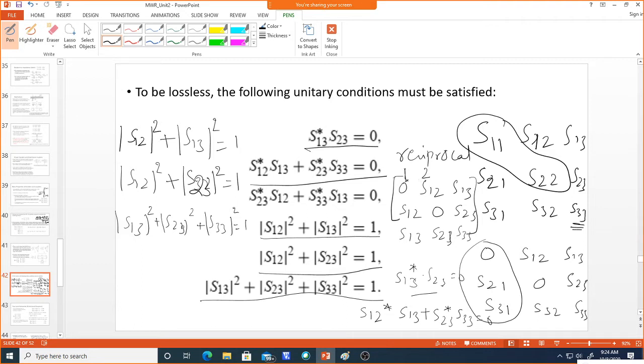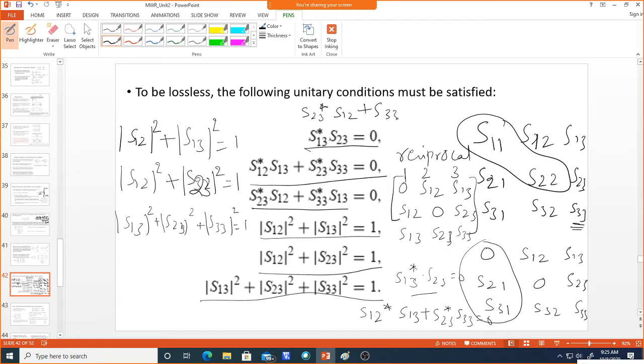Similarly, you multiply 1 and 3 or 3 and 1, you will get the third one. For the third one, the first element will become 0. Then S23 complex conjugate into S12. So these two elements, and similarly S33 complex conjugate S13.